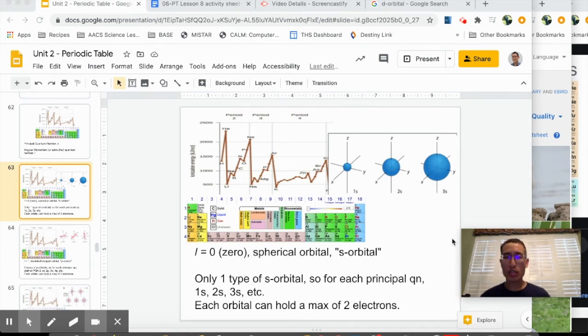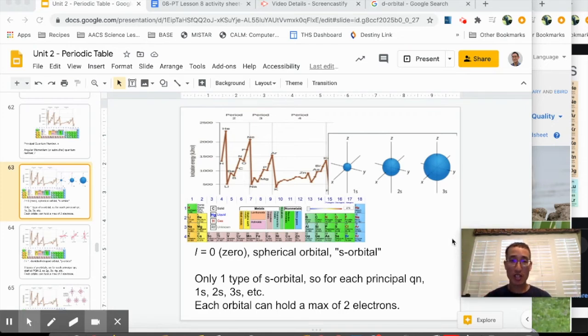So remember, electrons can be in this space or this area, and when L is 0, that tells us that the electrons can be in a spherically shaped orbital. So there's only one kind of s orbital. It's spherical shape.